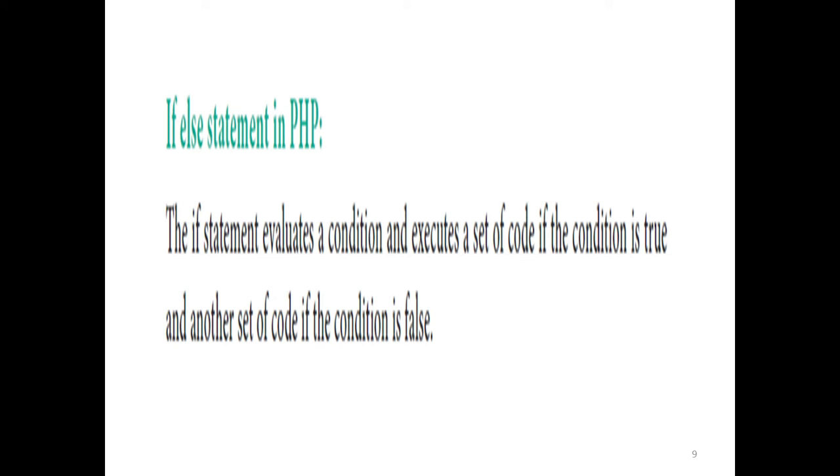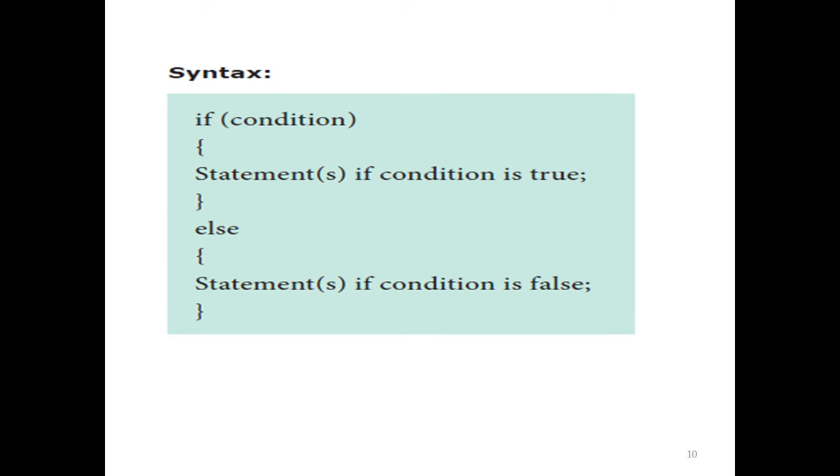The if else statement in PHP is the next one. The if else statement evaluates a condition and executes a set of code if the condition is true, and another set of code if it is false. You see the syntax. If condition, if it is true, it goes to statement 1. It means first you check the condition.